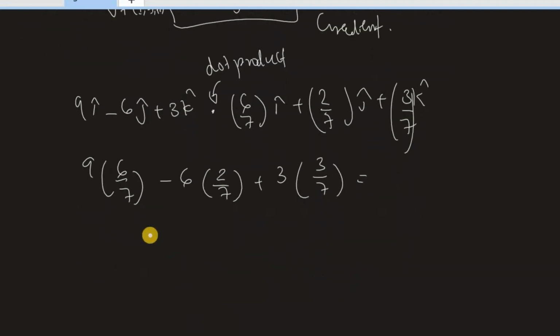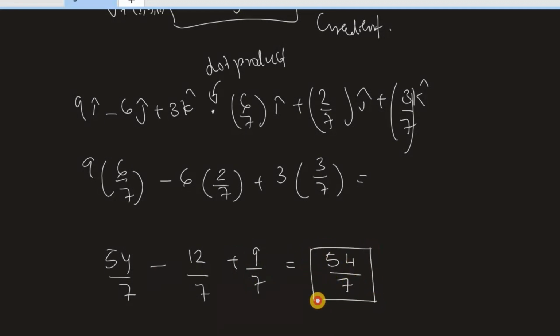Then this is going to be 9 times 6, 54 over 7, minus 12 over 7, plus 9 over 7. And if you calculate all this, that should give you 51 over 7. And that's your final answer.